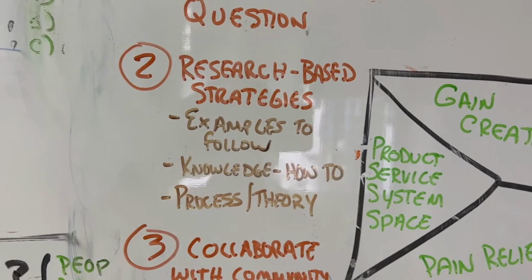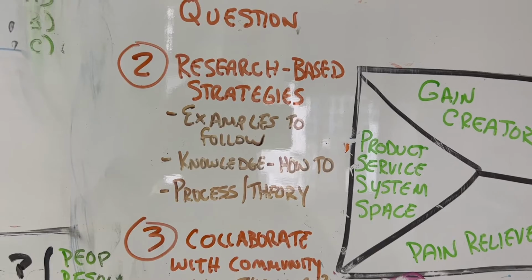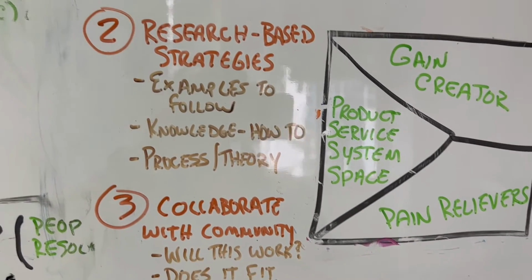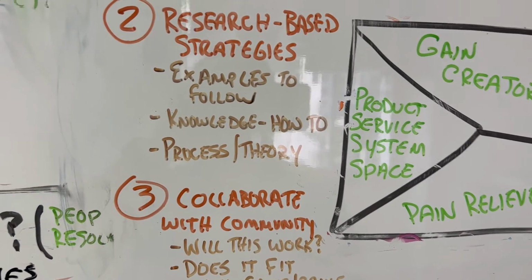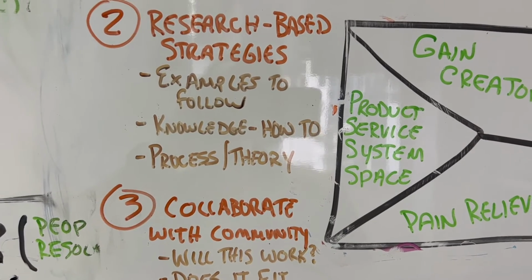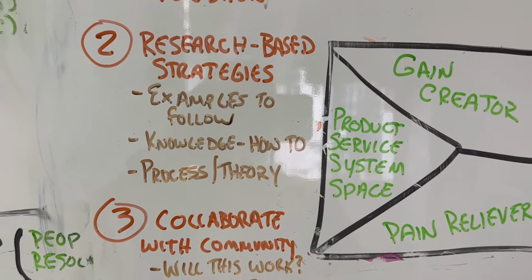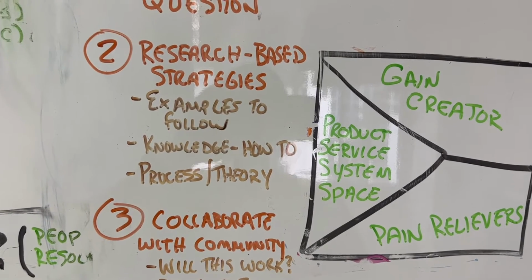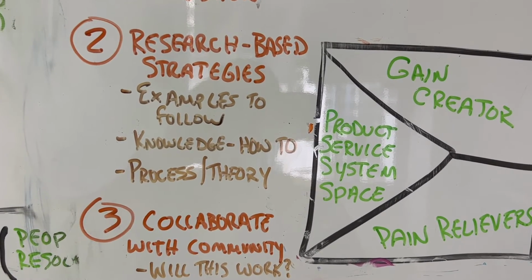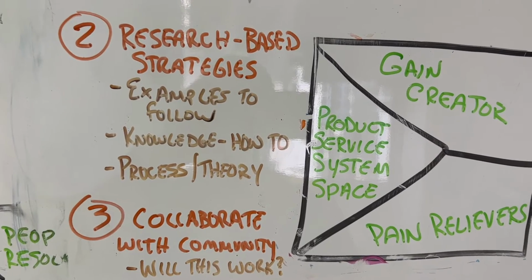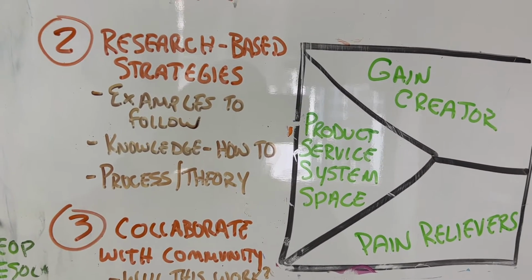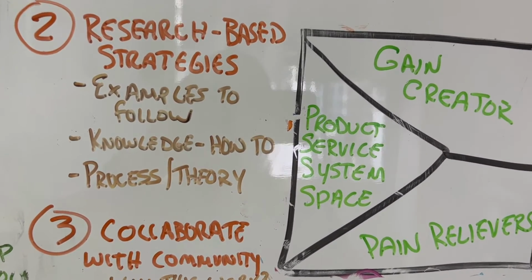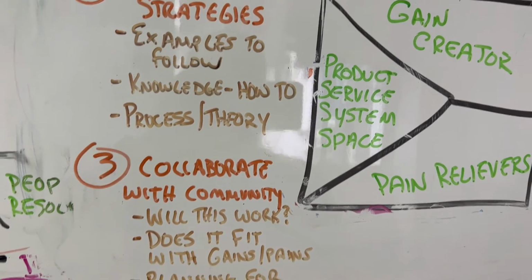You're going to say, hey, this is a good successful example. Sometimes it is knowledge that we need to find, knowledge on how to do something. Sometimes this is also a theory or a process that we want to follow and leverage. So that could be how do you actually persuade someone to do something different? How do you help people to create new habits or change the habits that they have?